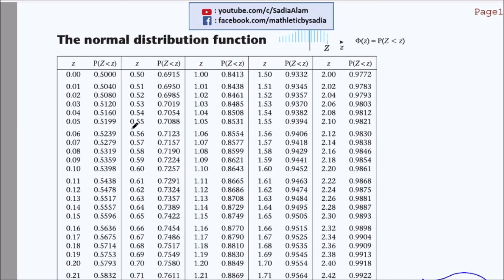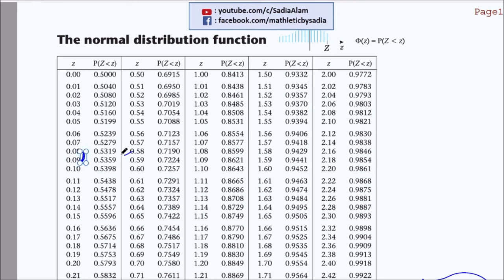If we do not have a value in the table, we have to use interpolation. This is actually 19 and this is actually 59, but we want 0.5354, so we want a value somewhere at this point, 54.